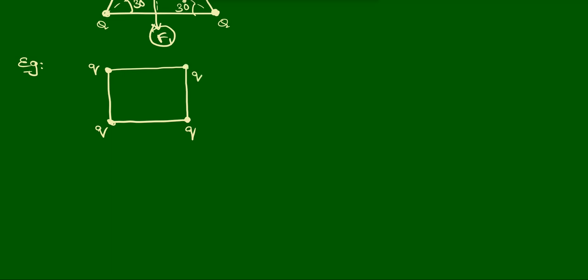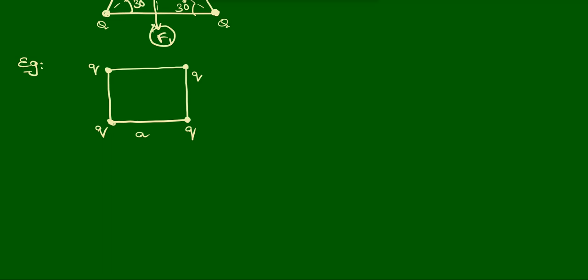Then just look at one more example. If instead of three charges, they gave four charges at four corners of a square, all are identical charges. And they are having side length a.